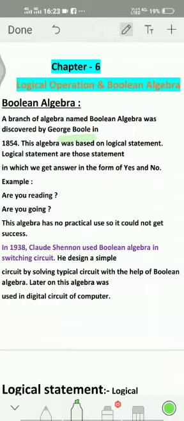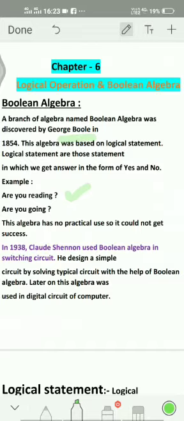So this one is a logical statement. Are you going? You will reply yes or no. So this is also a logical statement. But if I say please sit down, there is no need for yes or no. You will follow my order. So this is not a logical statement.